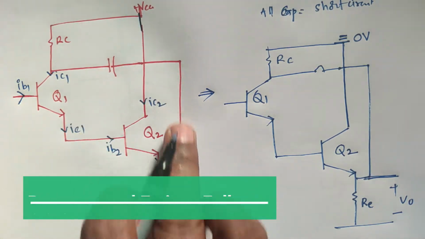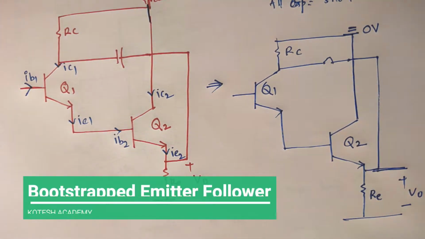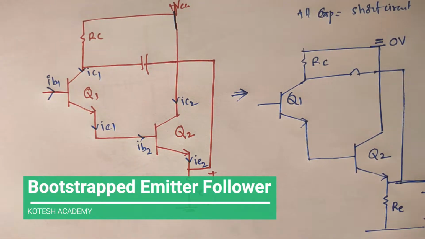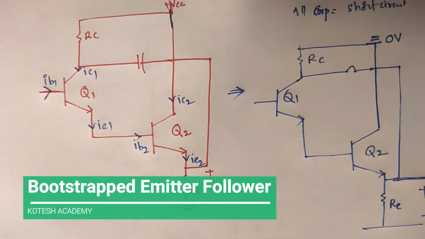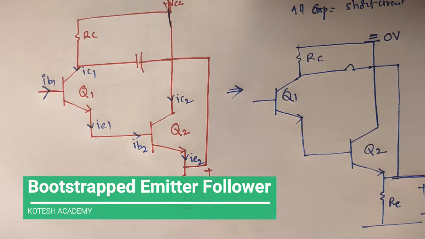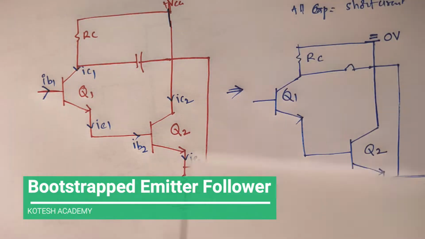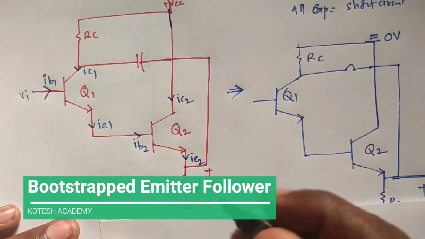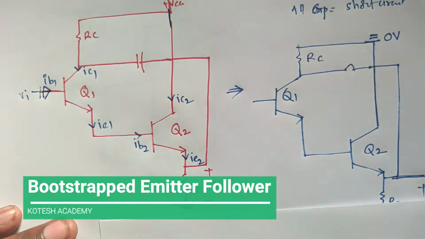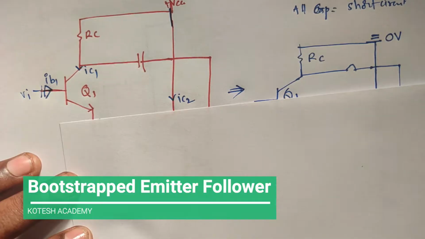With the help of this capacitor, we have to increase the high input impedance. So for this example, we have to design the same circuit diagram in terms of this. My input voltage is here Vi. If you take the input capacitor as a short circuit, finally my input voltage is Vi, which is connected to the first transistor.